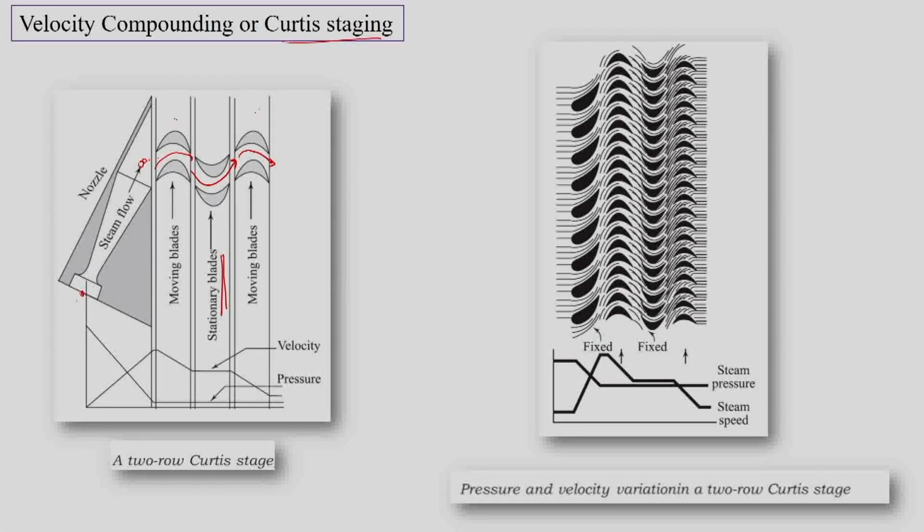As we can see in this two stage Curtis turbine, there is a nozzle where we will have complete enthalpy drop or complete pressure drop.